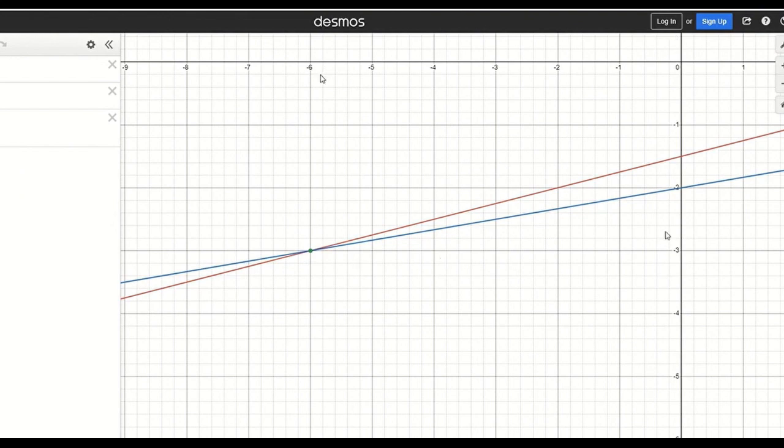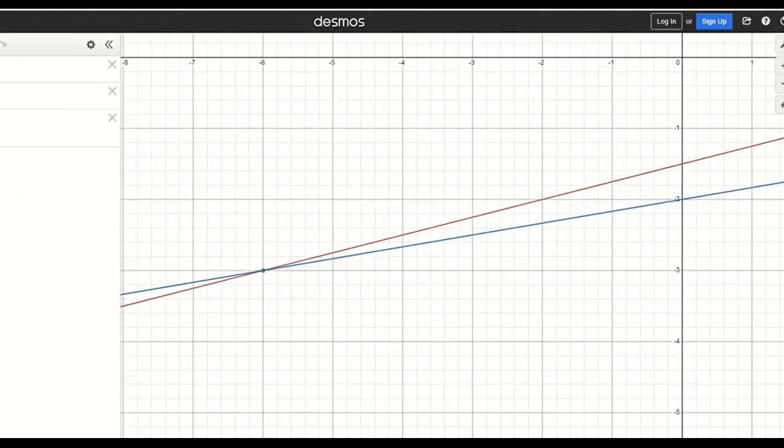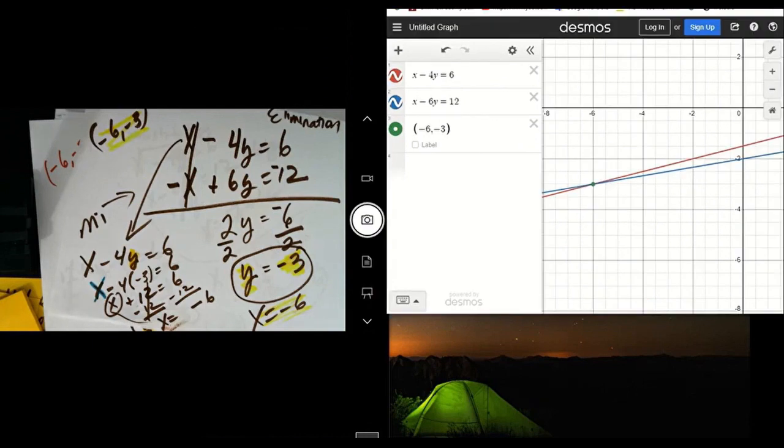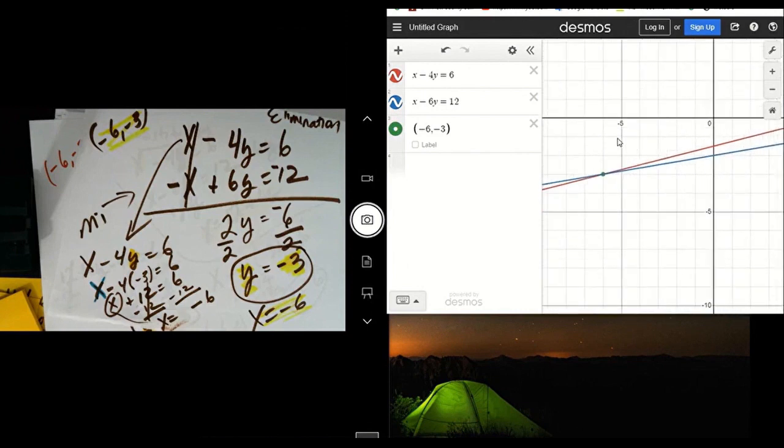Now, when you see these little squares, it's because they've broken the one whole down into 1, 2, 3, 4, 5 fifths. So anyways, if we just went to the regular size, I think if I make it like this, it does it. There it is right there. That's actually halves. So we'd have to go right there. So it's negative 6 and down negative 3. Okay, pretty good. So let's go from there.